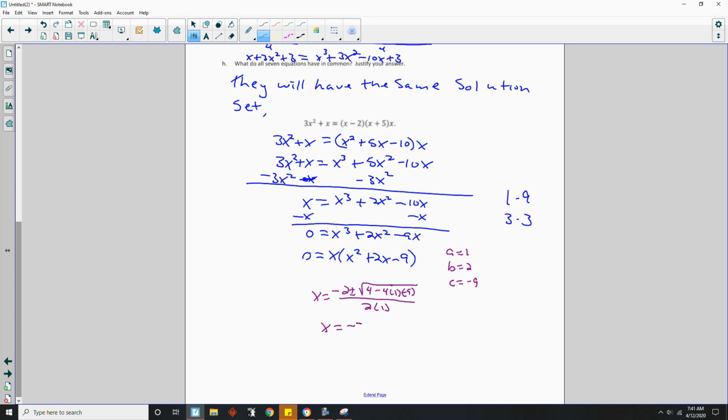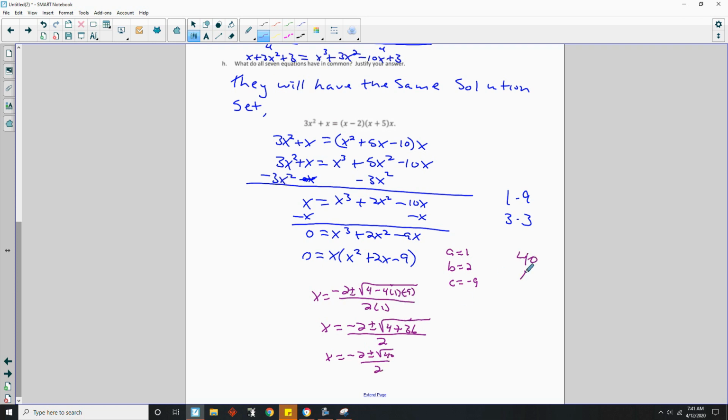Simplify that, I get negative 2 plus or minus the square root of 4, and then I have two negative signs here, that's going to be plus, and 9 times 4 times 1 is 36, all over 2. And that is going to simplify to negative 2 plus or minus the square root of 40, all over 2.